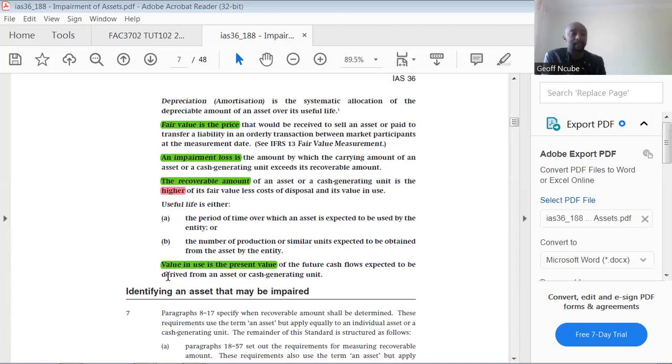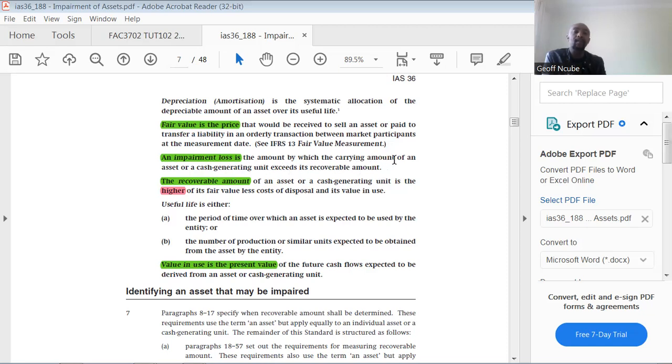All right. So what is an impairment loss? An impairment loss is an amount by which the carrying amount of an asset or cash generating units, which we won't cover now, if you want more on cash generating units, you can attend our classes, exceeds its recoverable amount.